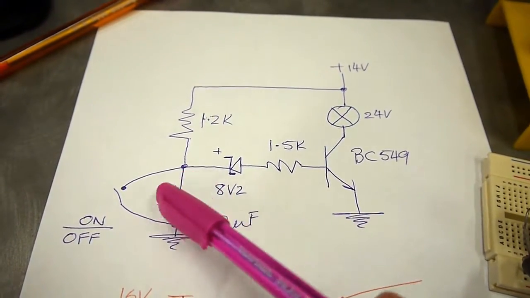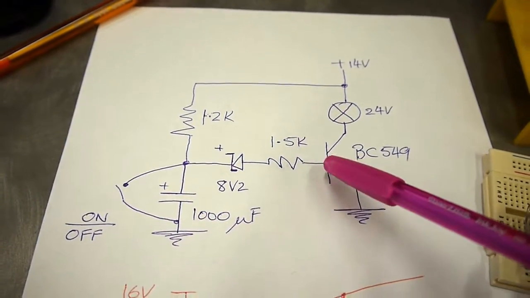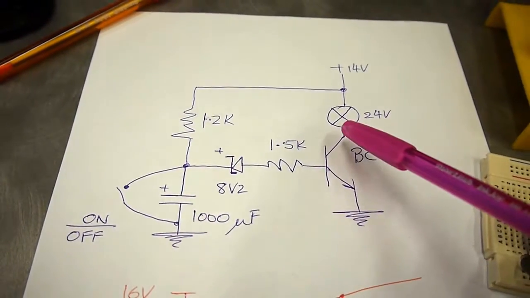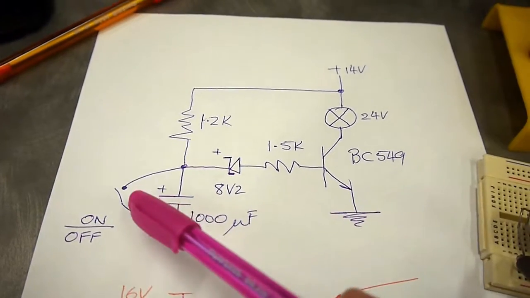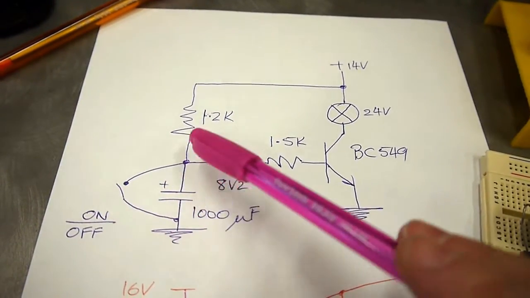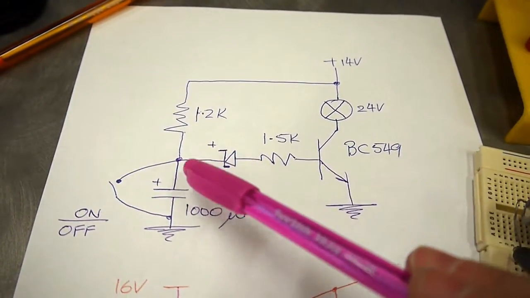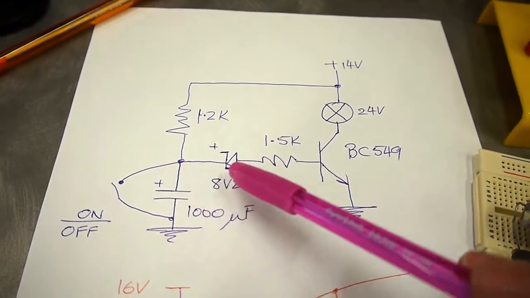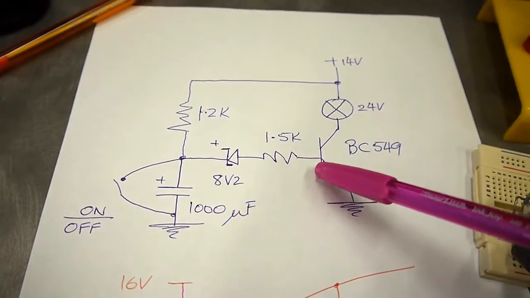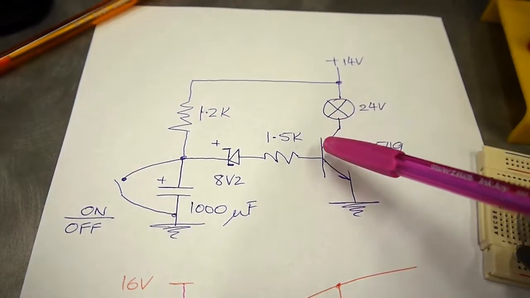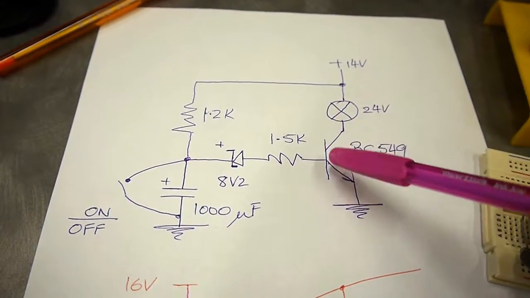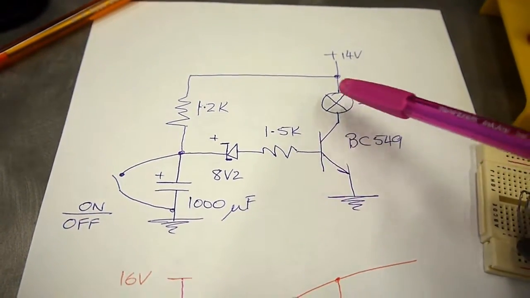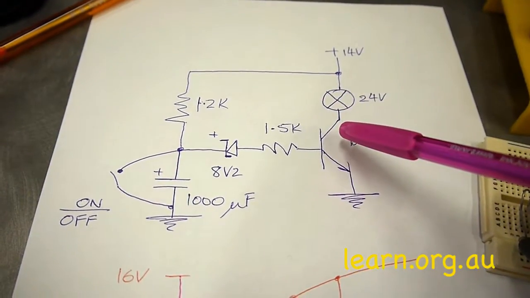And of course, when the capacitor is short-circuited, the transistor is off and the light is off. When the wire is opened, the capacitor can charge via the 1.2k resistor, and at the 10 volt mark, or around about there, the transistor turns on, and we draw collector current, and the lamp illuminates.